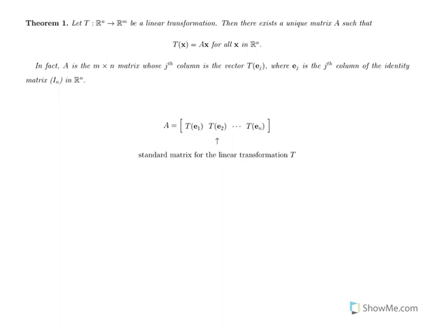In fact, A is going to be the m by n matrix whose jth column is the vector T of Ej, and Ej is the jth column of the identity matrix. So we can see that A is built from column vectors, which are obtained by taking T of the axis vectors or standard basis vectors. And this is called the standard matrix for the linear transformation T.